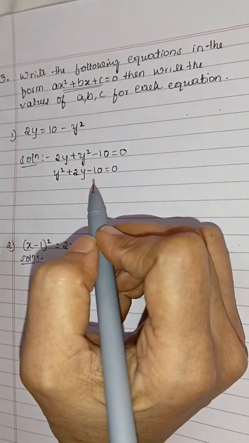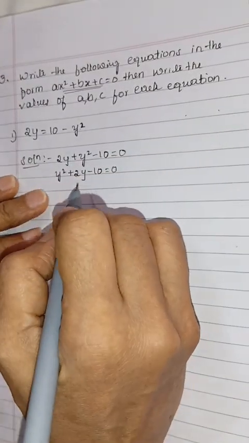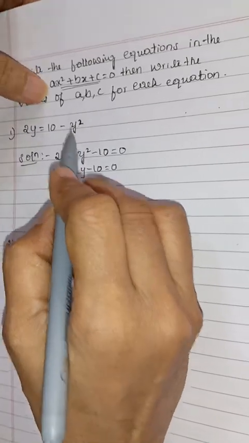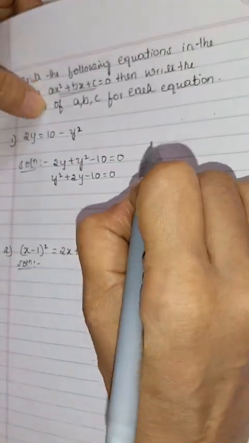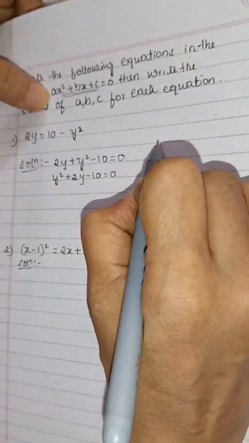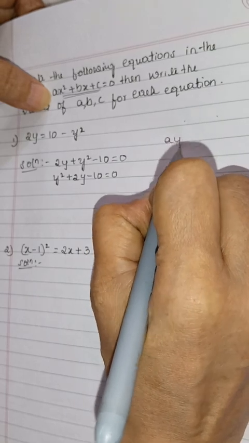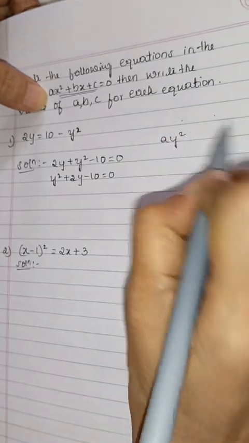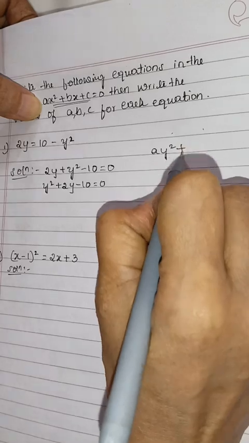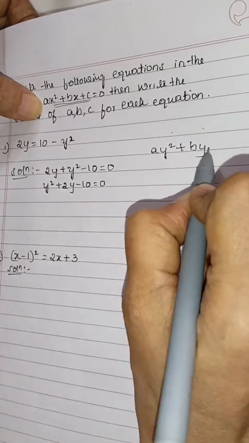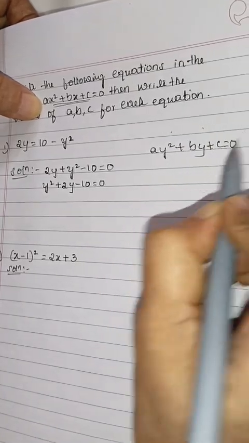Here y is the variable, not x, so we have to write in the y variable. So a y square plus b y plus c equal to 0.